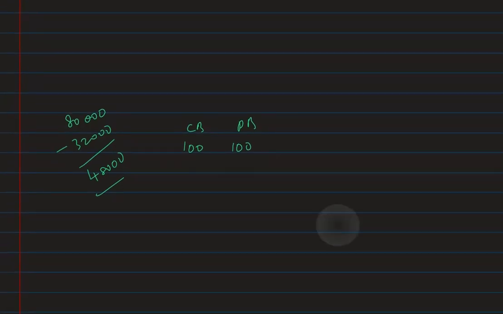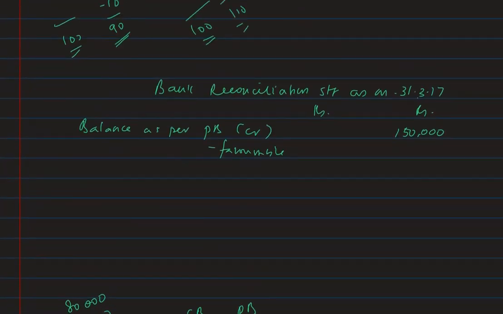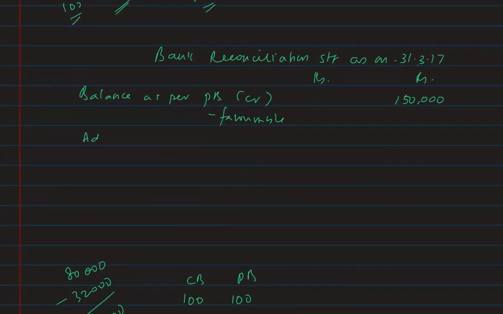Whenever a check is issued, the first point of entry is the cash book. And whenever you issue a check, your cash book becomes lesser. So cash book is showing 90, whereas passbook is 100. Your starting point is passbook, so you need to do something in the passbook to match it to the cash book. So less. You have an item of add, you have an item of less: check issued but not presented.